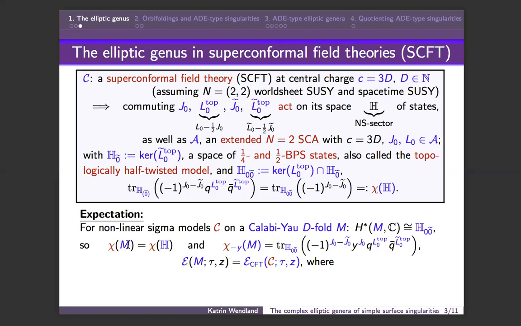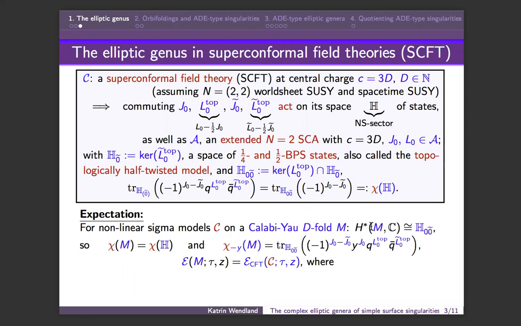And does J0 minus J0 tilde have the meaning of a fermion number? Indeed, yes. That's almost hidden in my assumption here that we are working with space-time supersymmetry. It says that these two are linked in that way. And actually, this equation follows from an even stronger expectation, namely that this topologically fully twisted space, which I told you about over here, can be identified with the cohomology of the underlying manifold.